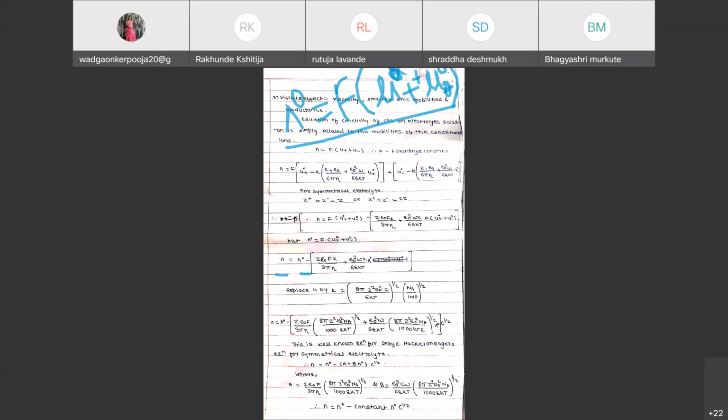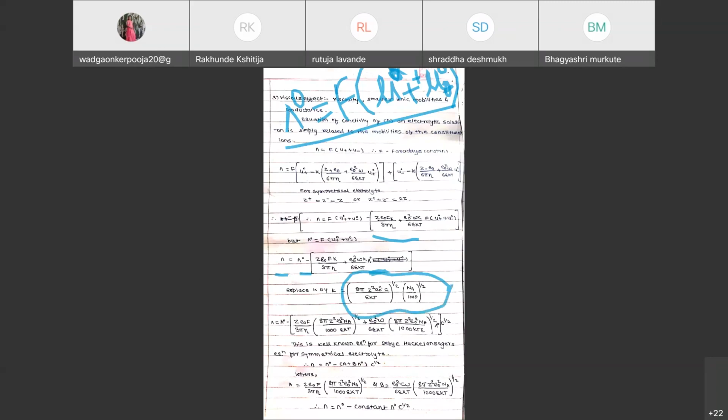Lambda is equal to lambda naught minus whatever the constants we got here, you put it as it is, into lambda naught. You should not get confused with it. Okay, now replace k by its value.